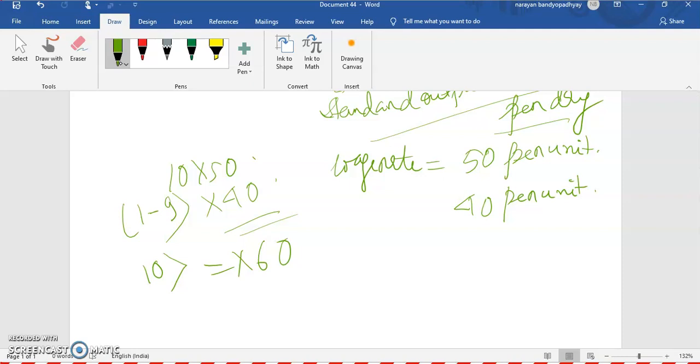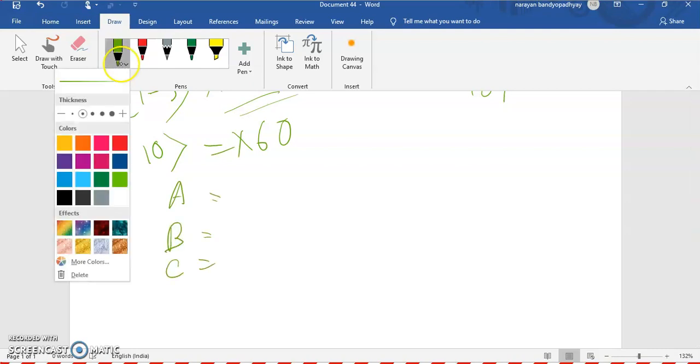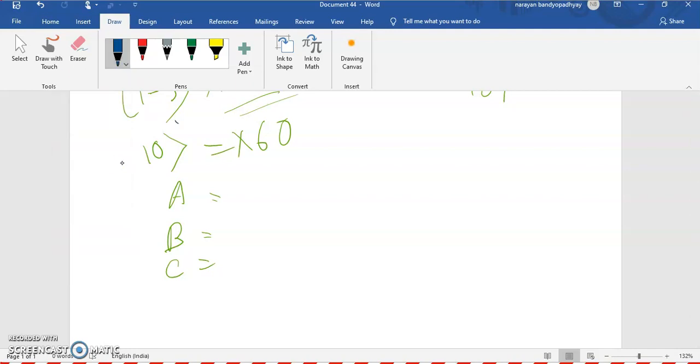Now there are 3 workers in the factory, worker A, B and C. Worker A has produced 13 units, B has produced 10 units, C has produced 8 units.